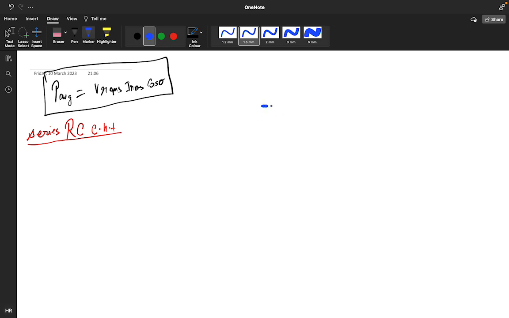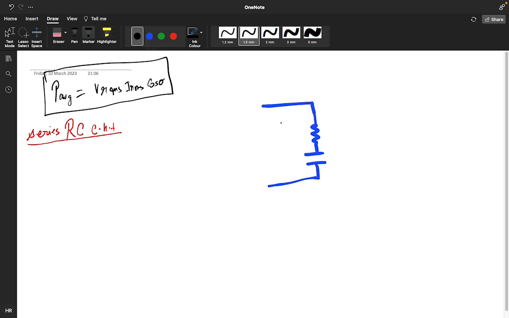You have a network like this, with resistance and capacitance. In this you will have an AC voltage. So V of t voltage is applied, and I of t current will flow.